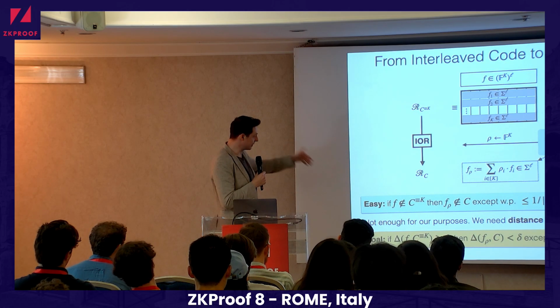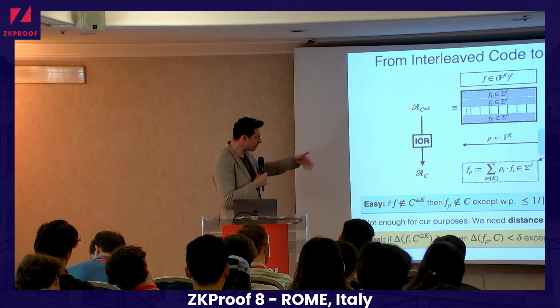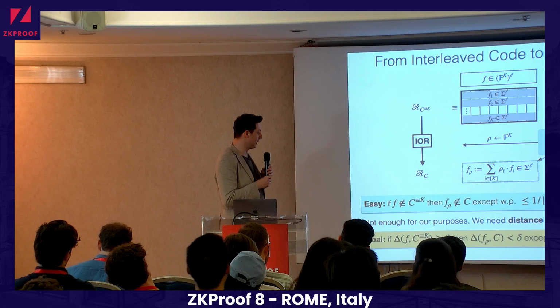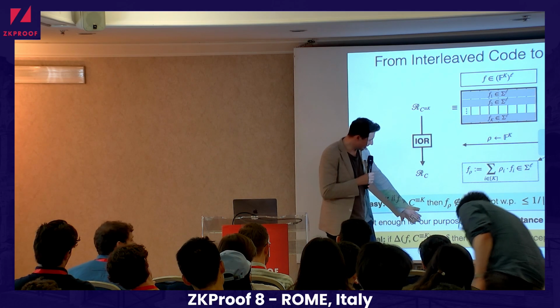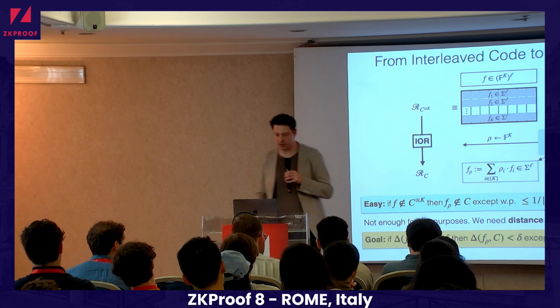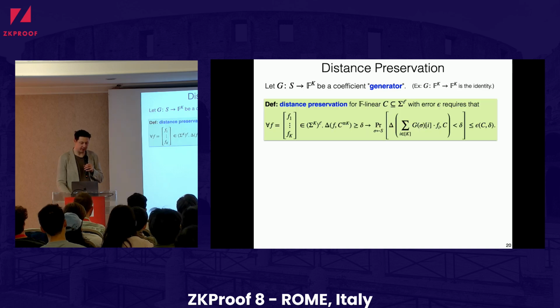If you start out delta far from the interleaved code, you want to bound the event that you drop below delta. Sorry, this would be greater or equal to delta. So start at least delta, then at least delta except for some probability. Okay, another typo there.